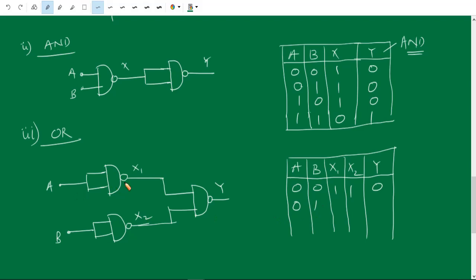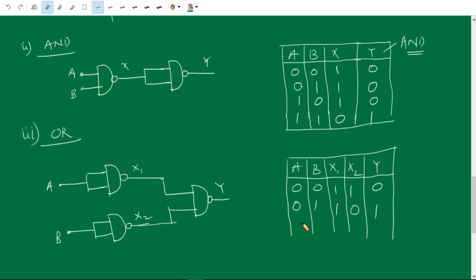When A equals 0, x1 is 1. When B equals 1, x2 is 0. When these two are 1 0, then the output of the NAND gate is 1. For an AND gate it will be 0, for a NAND gate it will be 1.